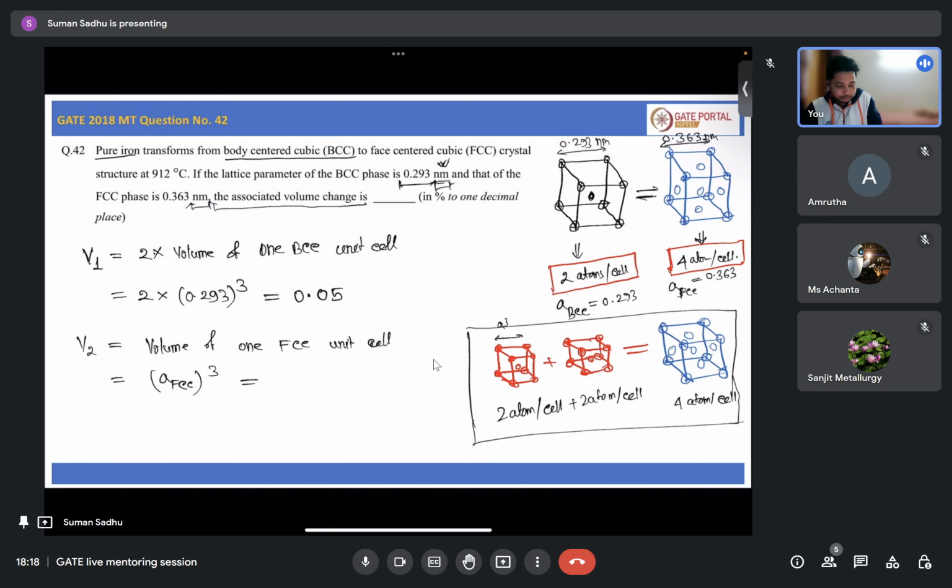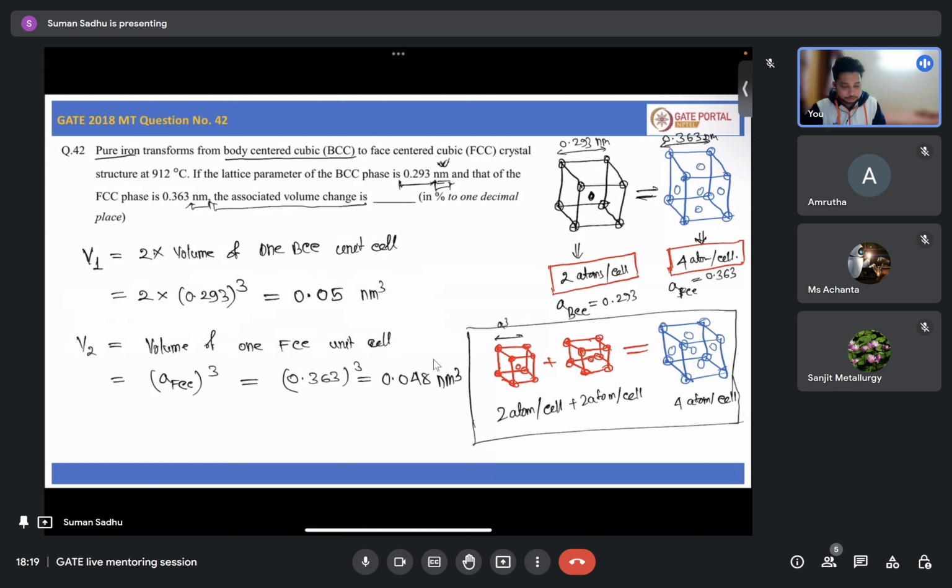So what will be the volume then? 0.636 whole cube, in nanometer cube. Okay. So how much is this coming? 0.047, 0.048, sir. 0.048. So here the unit is also nanometer cube.